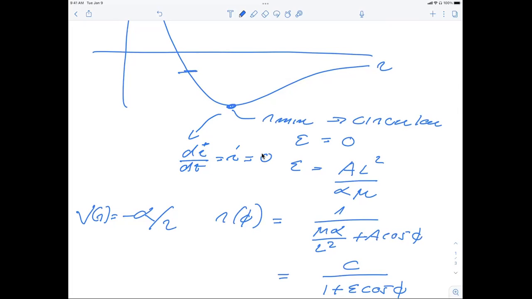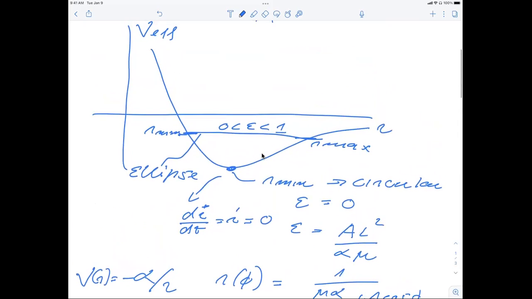Then if we had an epsilon which took values larger than 0 but less than 1, we could define a new R min, and then we would have an R max here. And that would correspond to elliptical motion. So this is an ellipse, in this case with 0 less than epsilon less than 1.